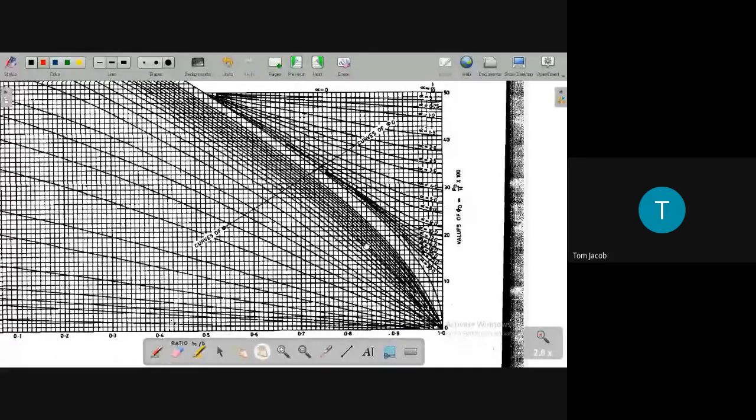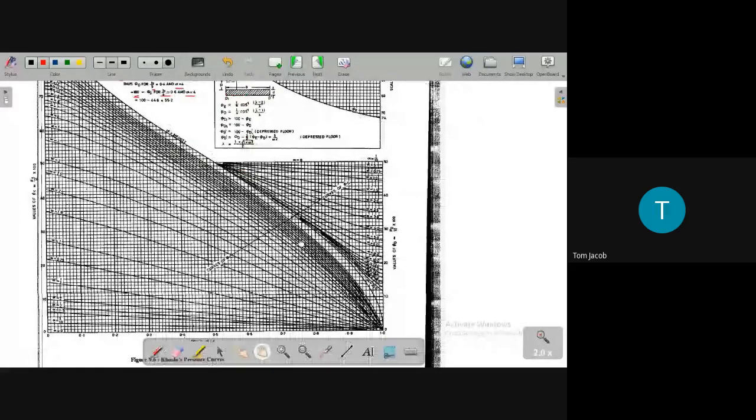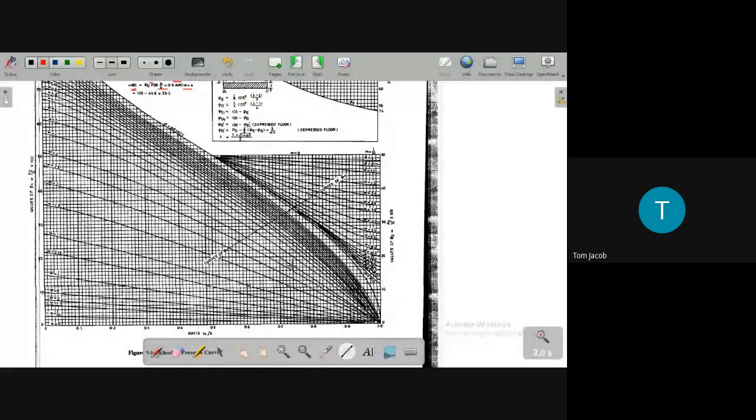Okay, the problem here is that these are the curves of alpha, curves of phi D. And as you can see, the curves of phi D end at B1 by B equal to 0.5.